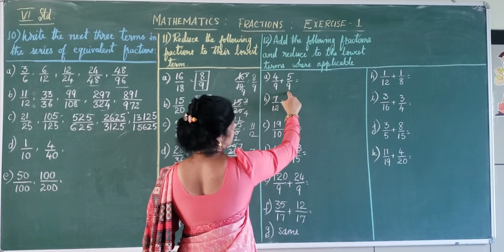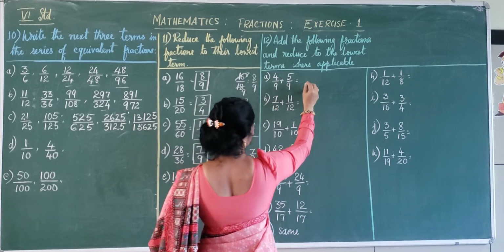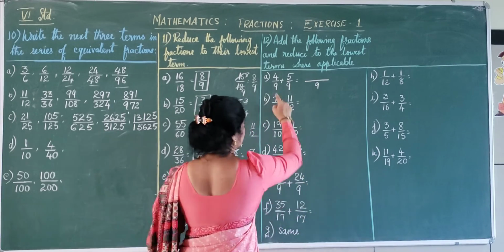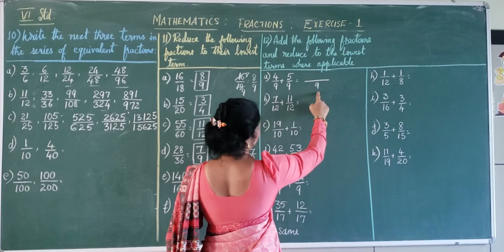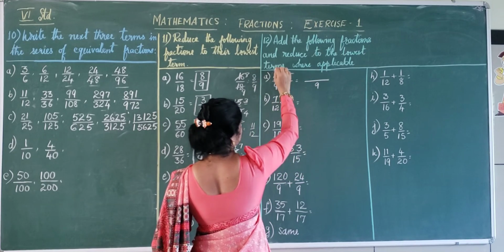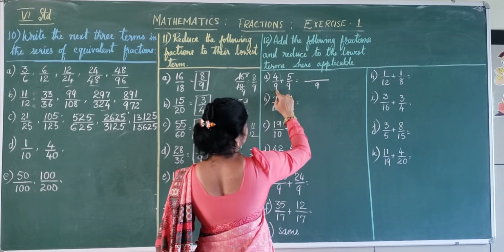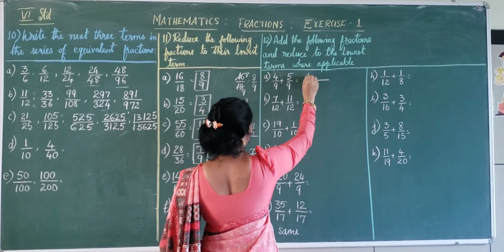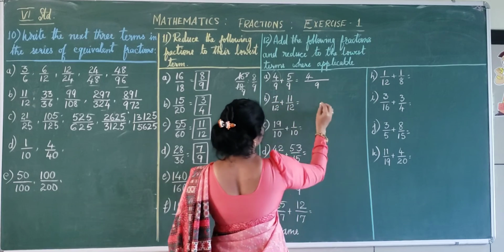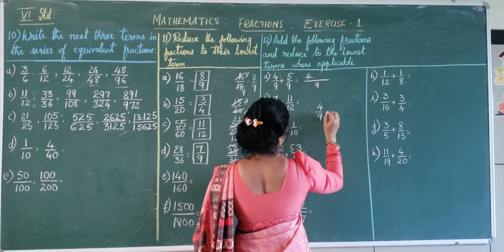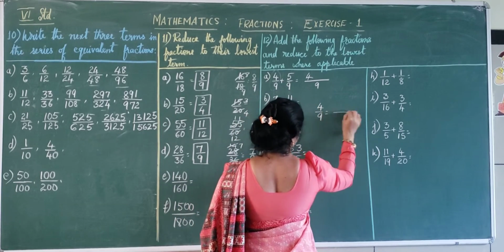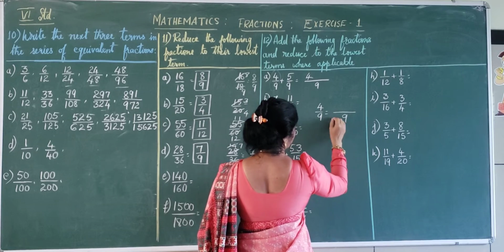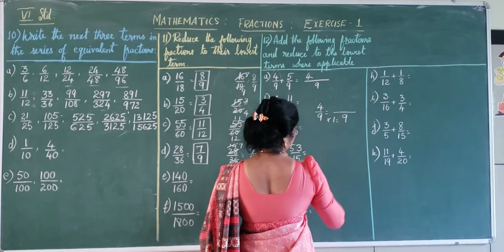So when the denominator is the same, what you have to do is write the same number like this. 9 and 9 is there, so you are writing 9. Now you have to take this first term. 9 1s are 9. 4 by 9, 9 into 1 is equal to 9.